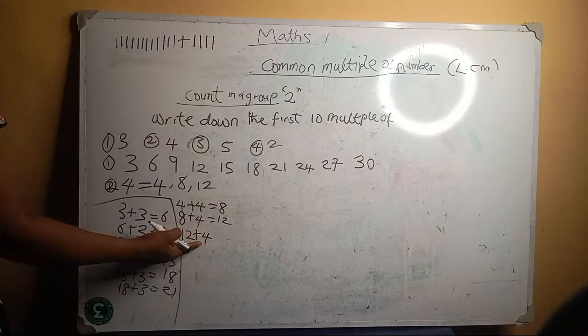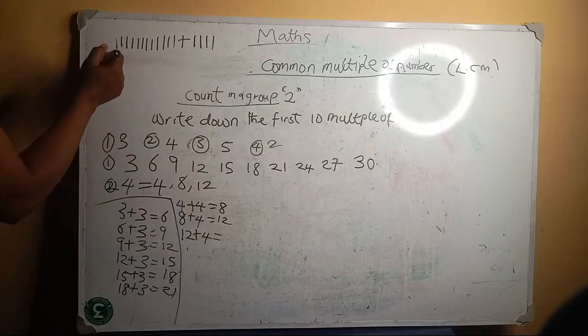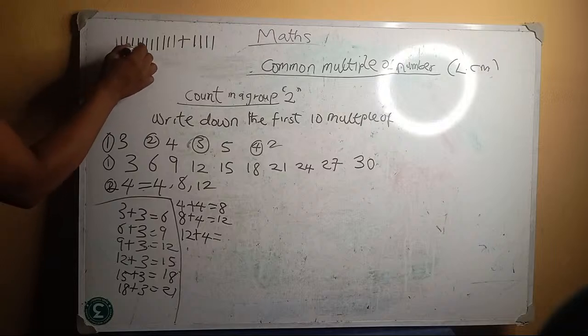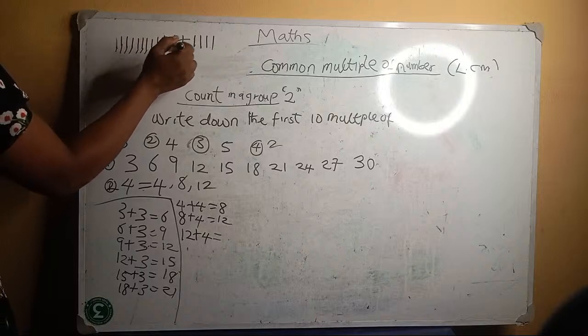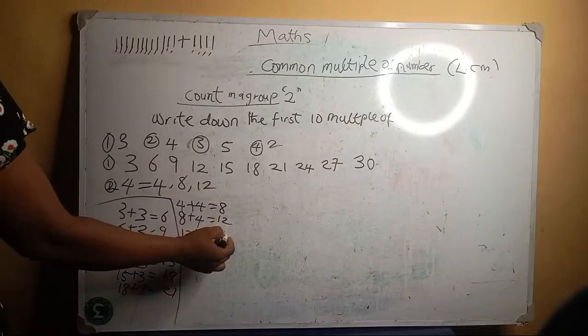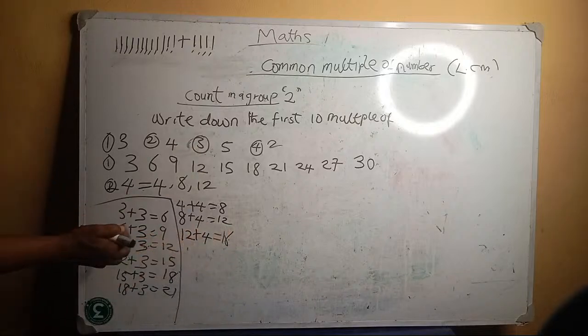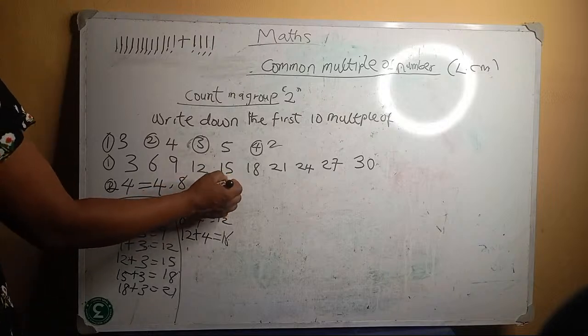Count with me: 1, 2, 3, 4, 5, 6, 7, 8, 9, 10, 11, 12, 13, 14, 15, 16. So the answer is 16. That's how we are going to do it for multiples of 4.